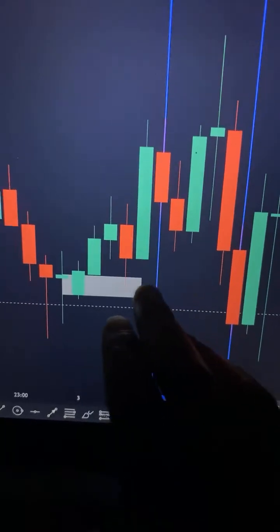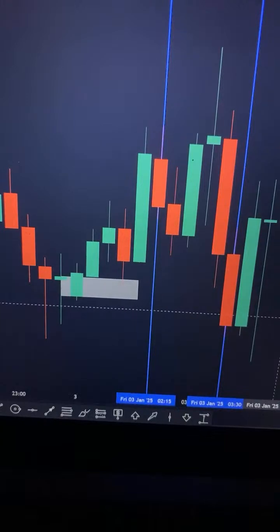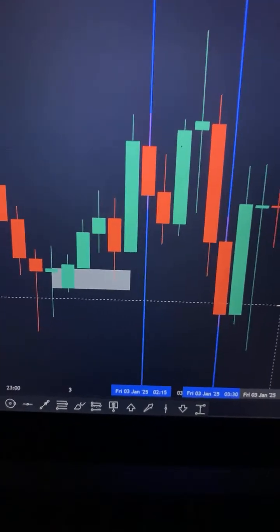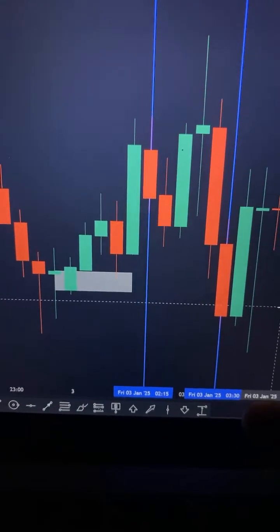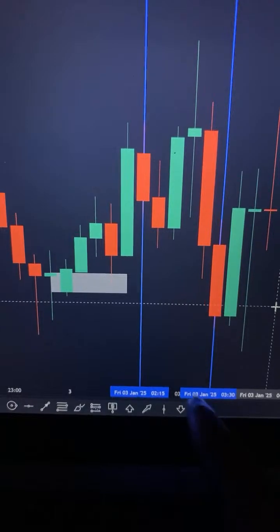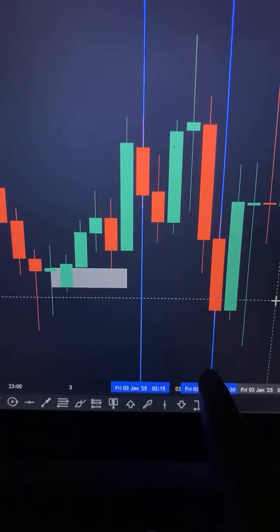So now, what then highlights that the Asian session would be bearish or bullish? Well, the other marked out time slot is 3:30, and this is where we get our confirmation, right?